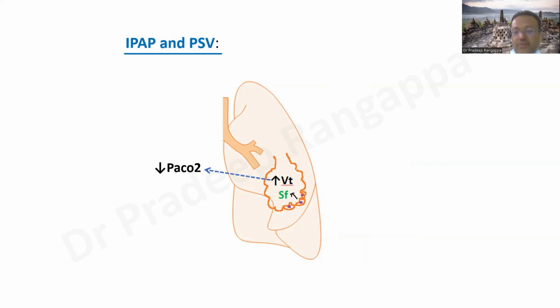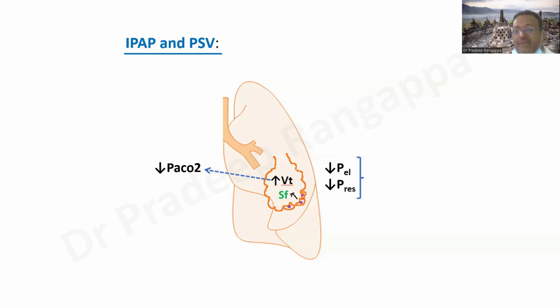This is also shown to improve the surfactant production by the alveolar pneumocytes. And by giving IPAP, it will reduce the elastic pressure, and the resistive pressure comes down. Because you saw in the previous slide, the pressure support or the CPAP that you give tends to overcome the resistive pressure and the threshold pressure.